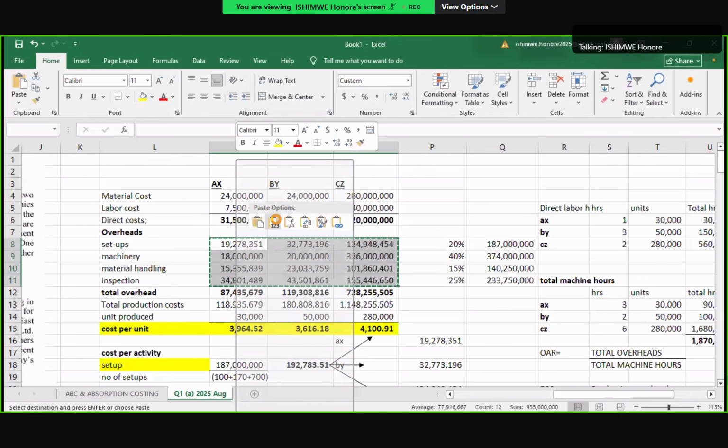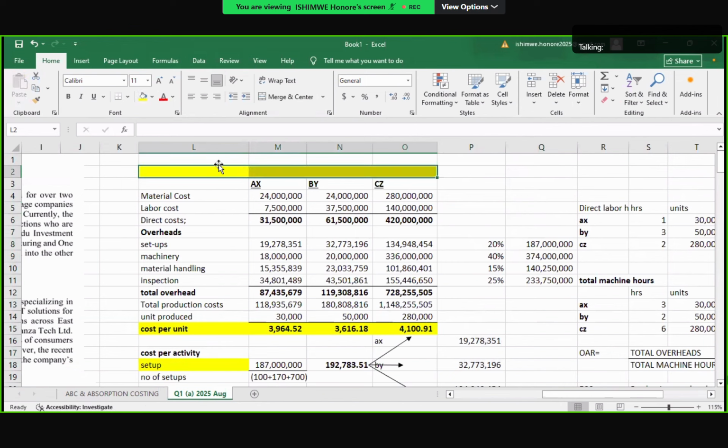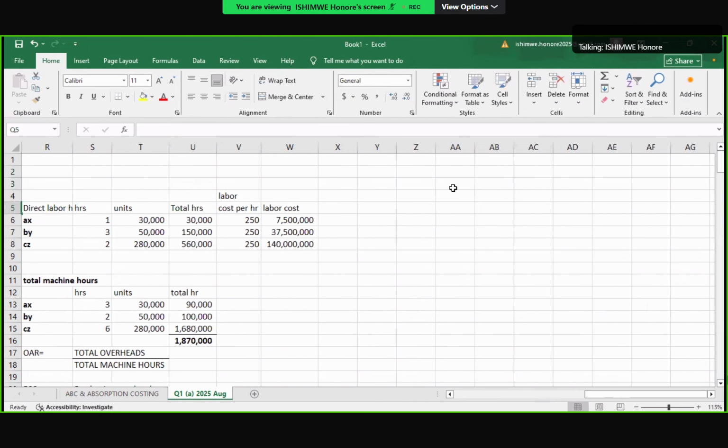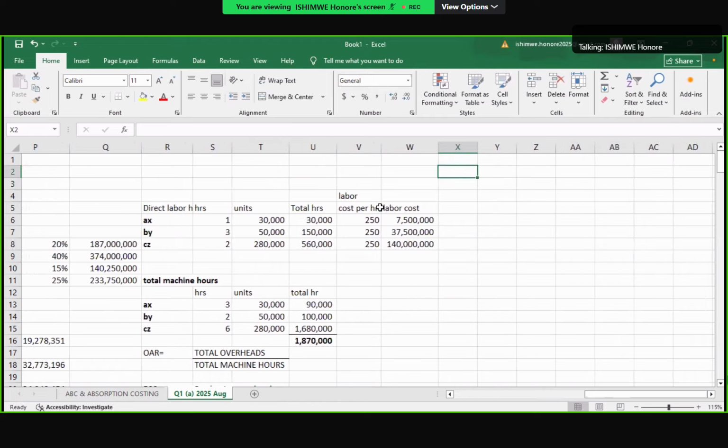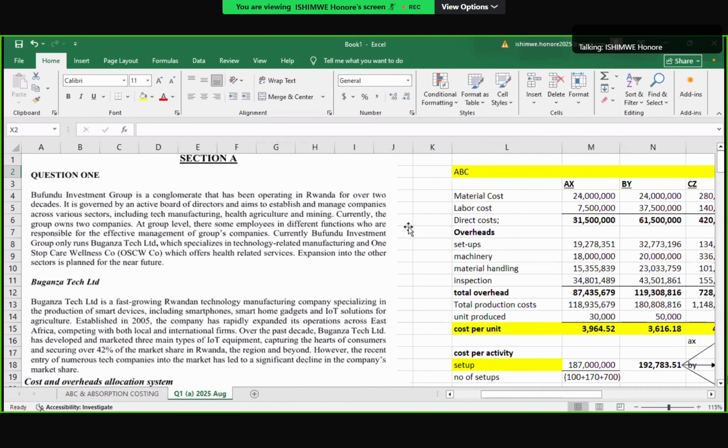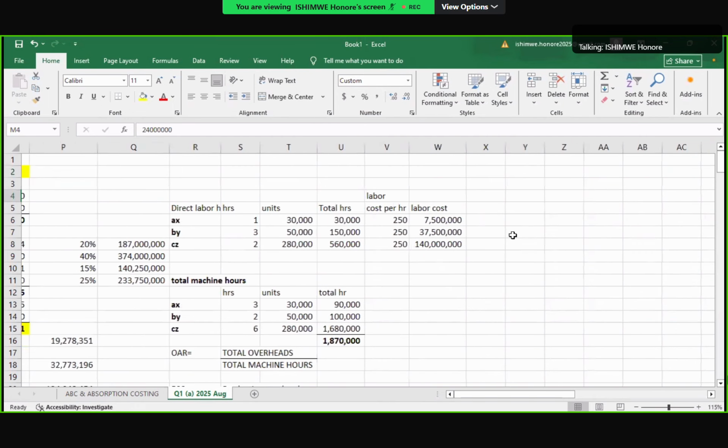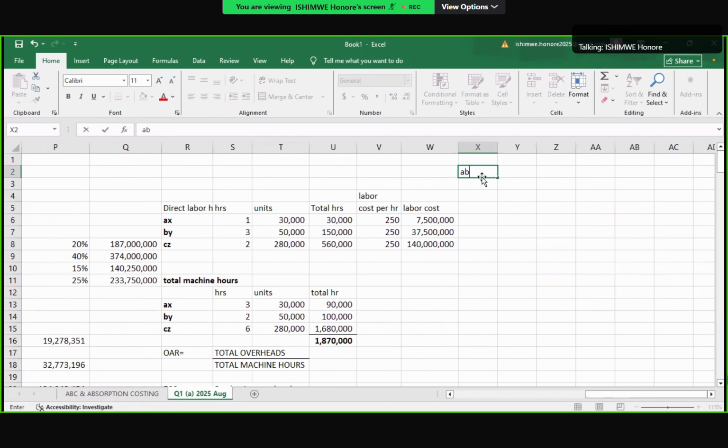This is ABC system. Okay, ABC approach or method. Let's go to absorption costing. Okay, I cannot change even, but I can go here. Oh, sorry for that. So let me do absorption costing here.